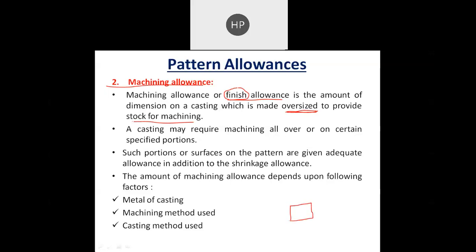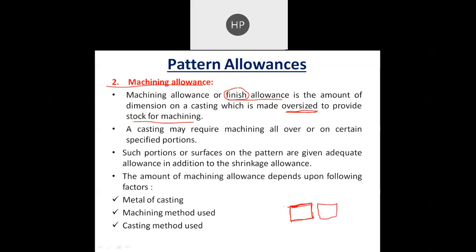Okay, now if we make the exact shape and size and then we do the finishing operation on the surface, what happens is that some amount of the material will be removed. So after removing that, you will get an object which is undersized. Why?